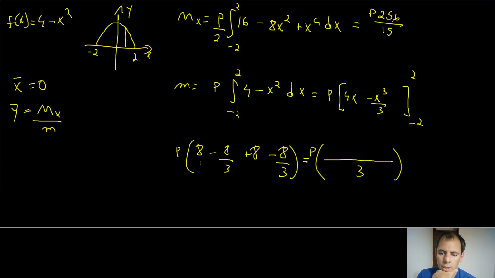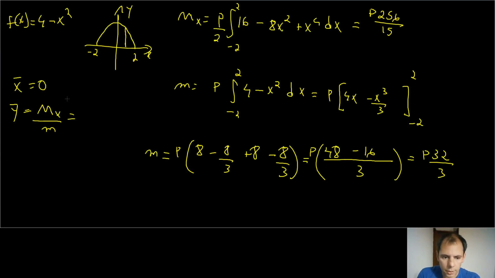So 3 times 16, 48. And here you're going to have a minus 16, which is 32, p, 32 over 3. All right, this is going to be the mass. Okay, so the mass equals that.